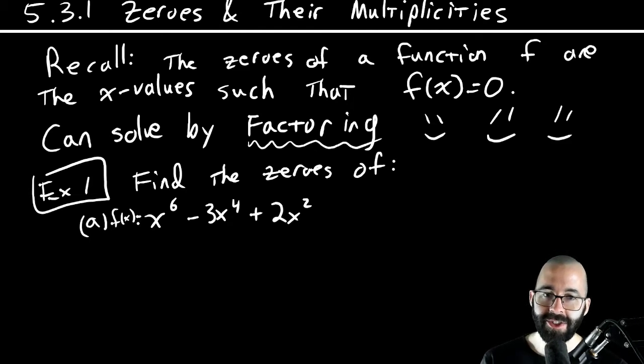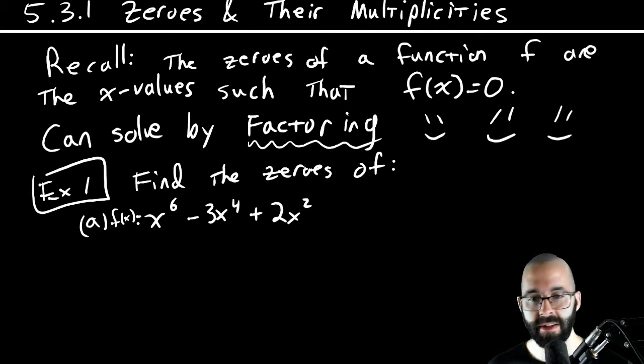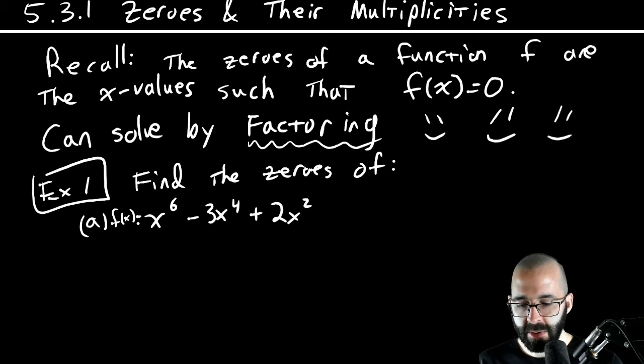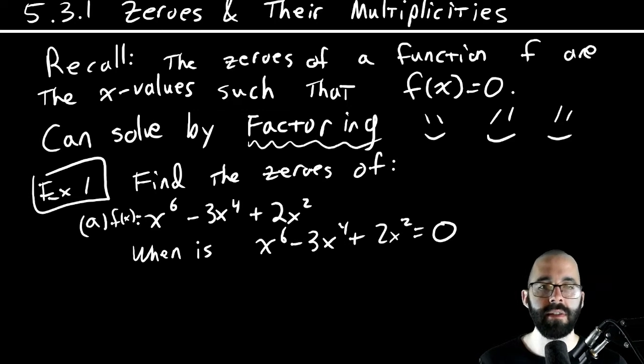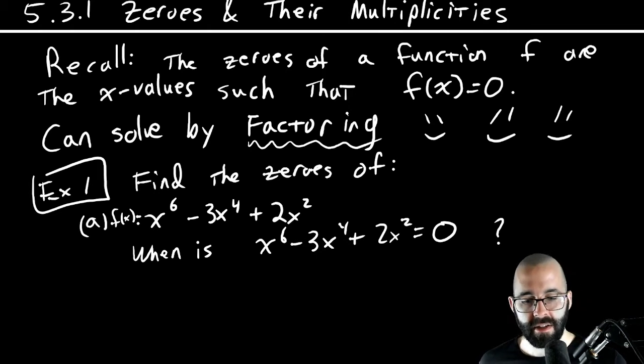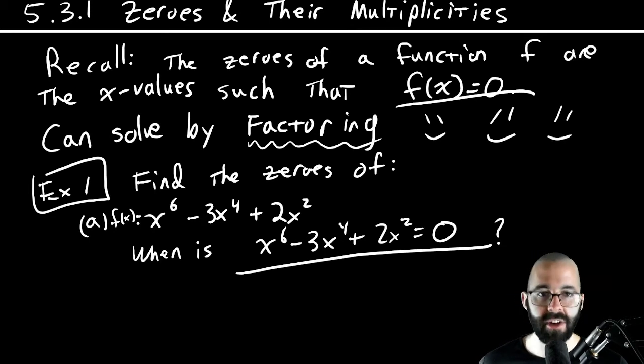When is this function equal to 0? Well, we can just write it like this, and we need to solve this equation. This is how we find the zeros. The zeros are when the function equals 0. So set the function equal to 0.